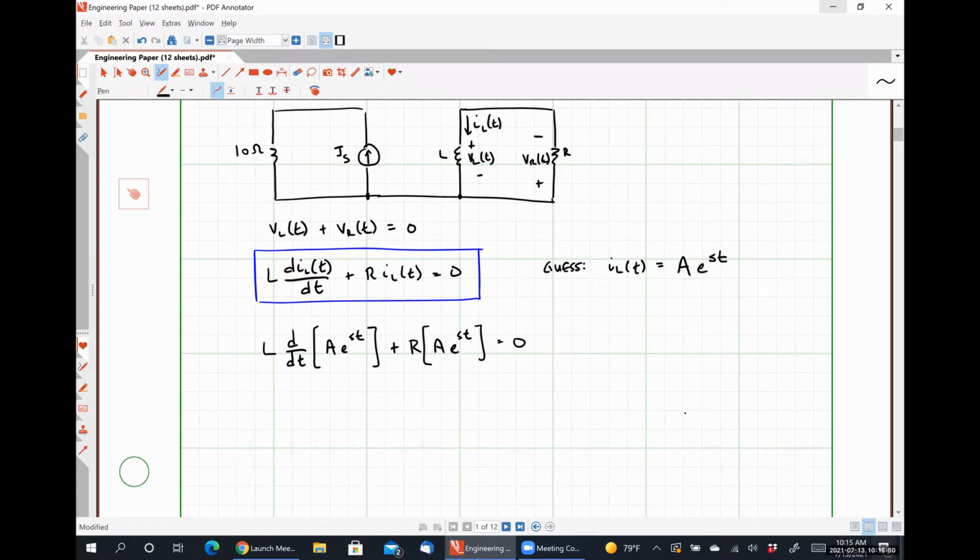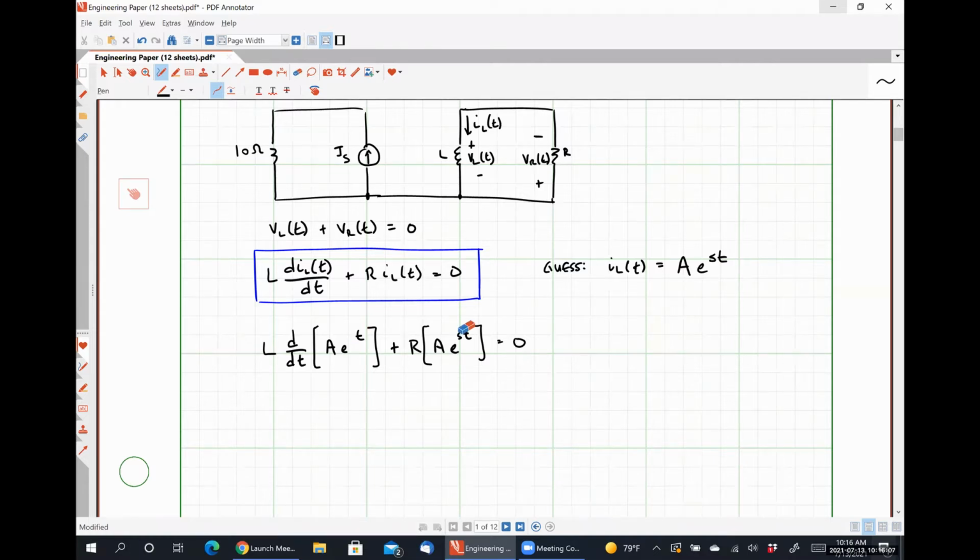So how do I take the derivative of that exponential function? You just multiply by the exponent, and you raise e to the st again.